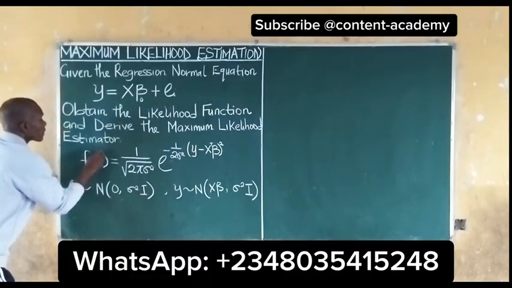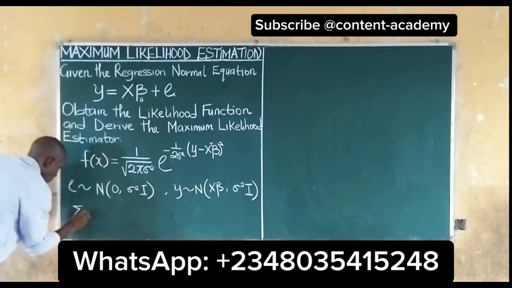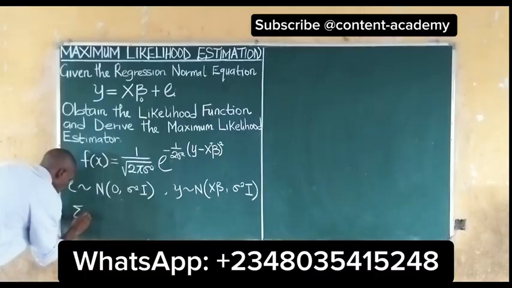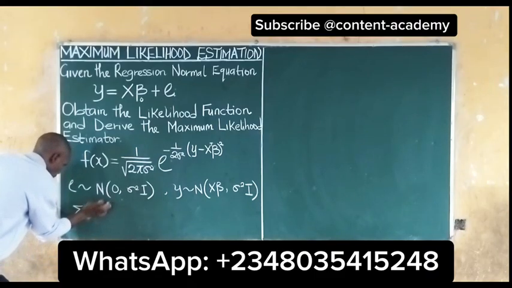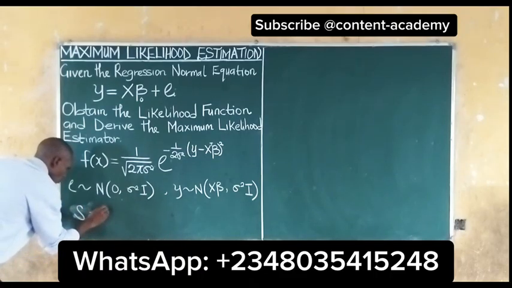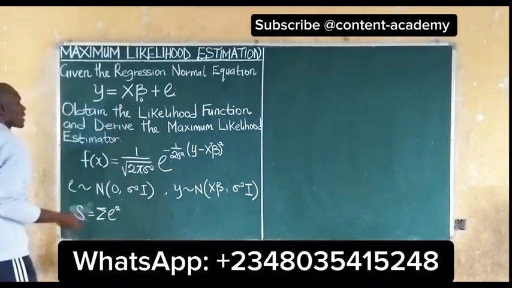Now, what we need to do is to show how the whole of this regression normal became this. We have here that the sum of square error is given as this. The sum of square error is equal to summation of e square, which is our error term.